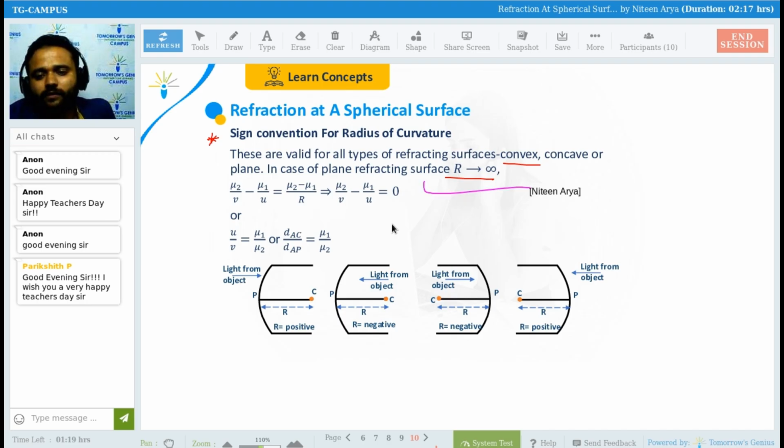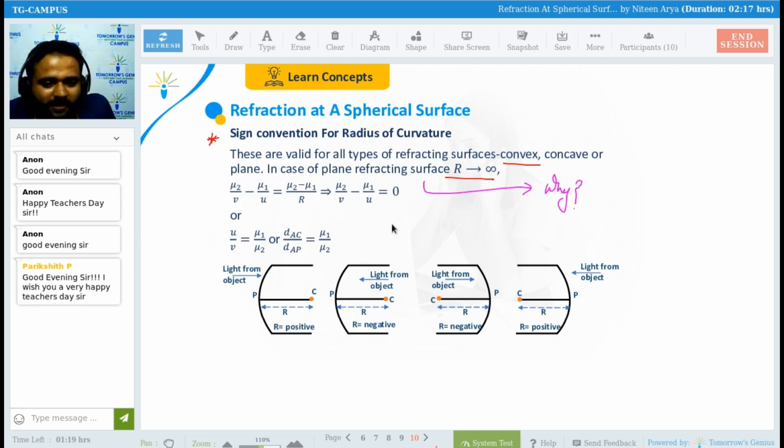My question is: why is the radius infinite for a plane surface? Very common sense. Tell me, anyone.